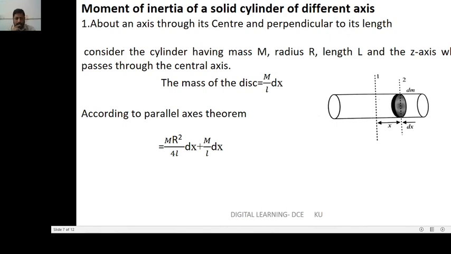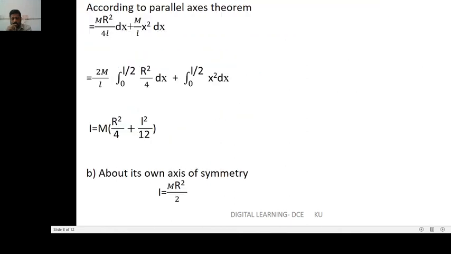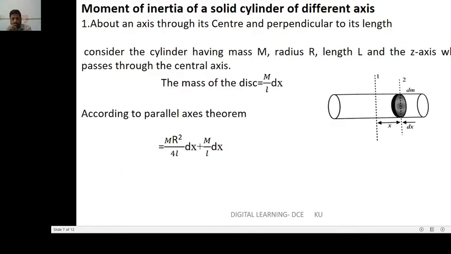Moment of inertia of a solid cylinder at different axes. First one, the moment of inertia about an axis through its center and perpendicular to its length as shown in the diagram. To derive an expression for the moment of inertia for this, first consider the cylinder having mass m, radius r, length L, and the z axis which passes through the central axis.